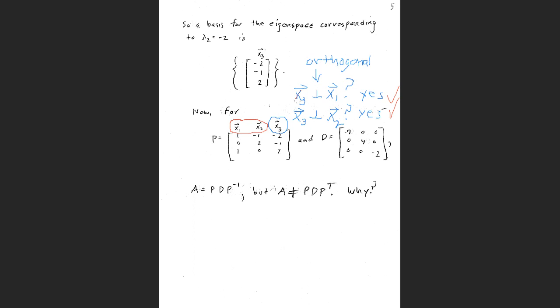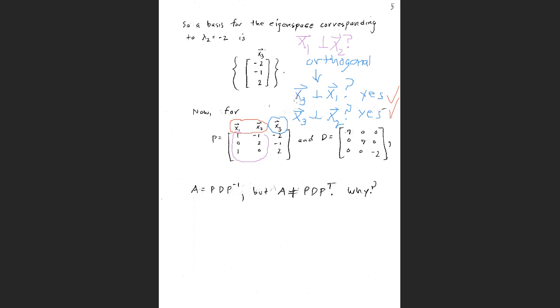But look at the vectors from the first eigenspace consisting of eigenvectors x1 and x2. Is the vector x1 perpendicular to the vector x2? Are the eigenvectors x1 and x2 perpendicular? They're linearly independent.